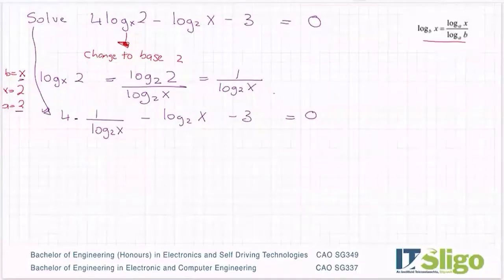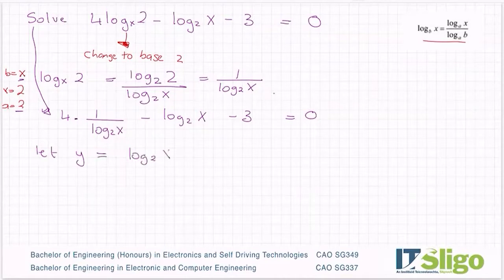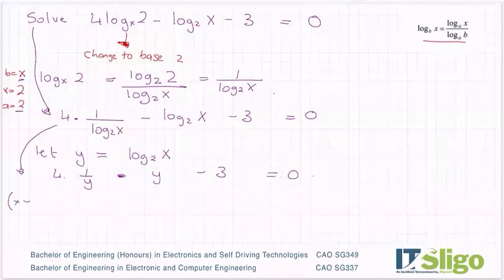So the easiest way to do it is to let y stand in for log to the base 2 of x. Then rewrite this as 4 by 1 over y minus y minus 3 equals 0. There's a fraction here, so the easiest thing to do is to multiply across by y. Just get rid of that multiplied sign in case you get confused.